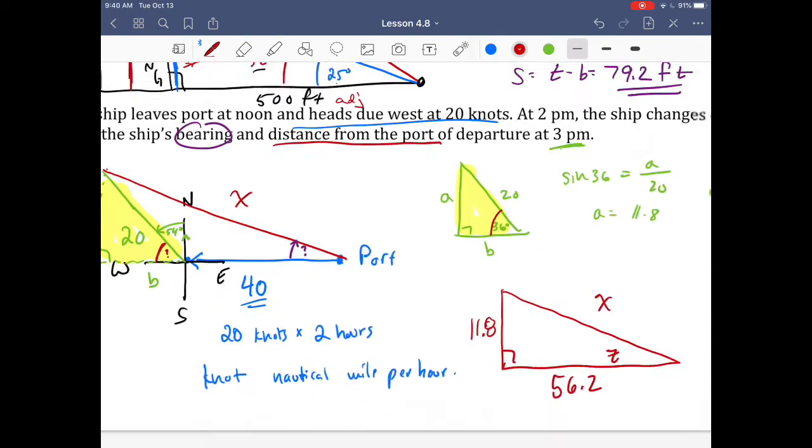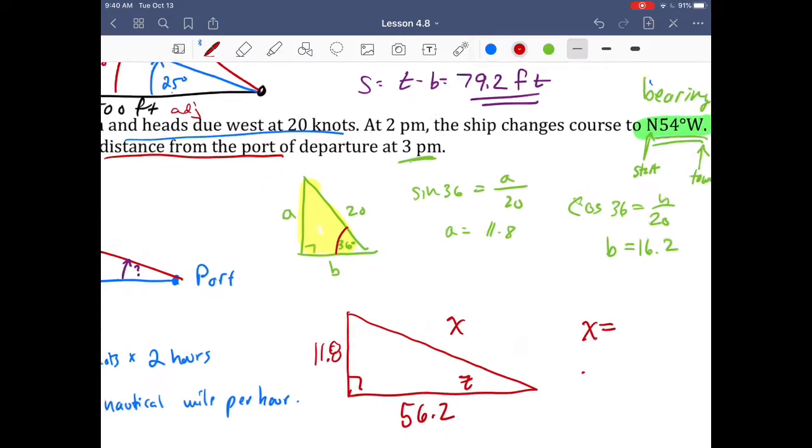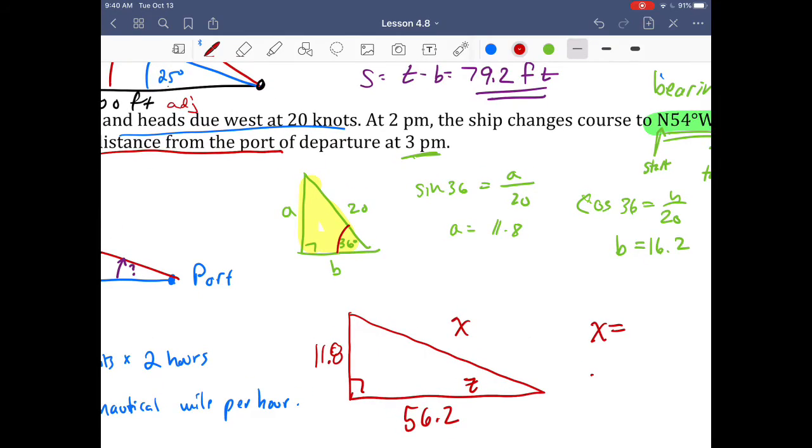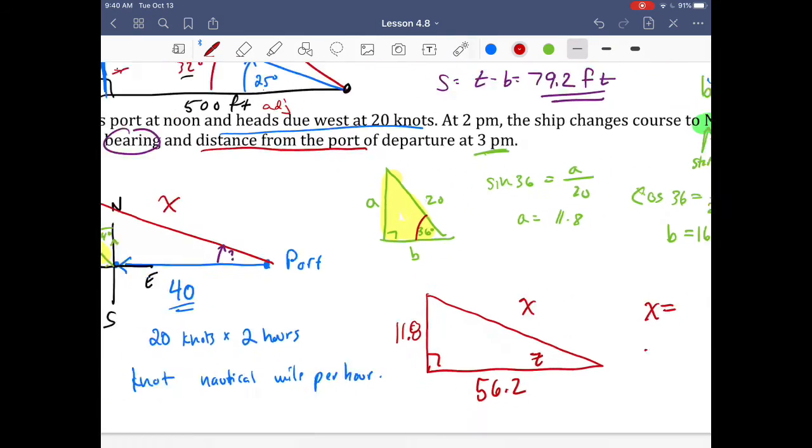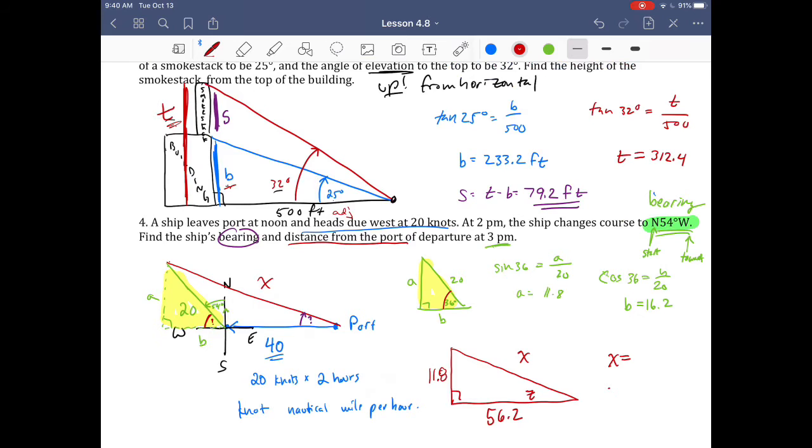Use what you know with sine and cosine to find the dimensions of this green triangle. Add in that green triangle to the big thing, because this would be the same as x over here. 56.2 would be the side of the blue plus the green here, blue plus 40 plus b.